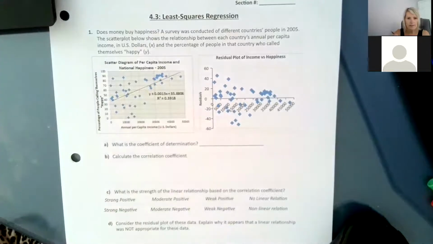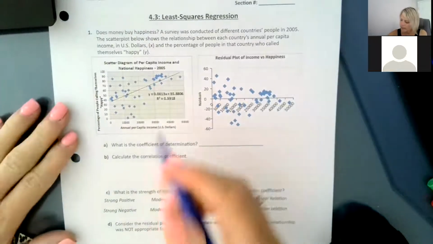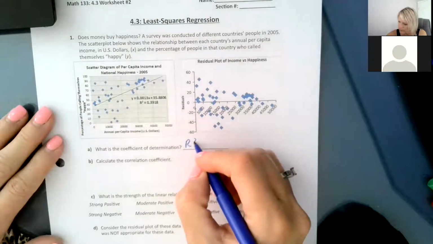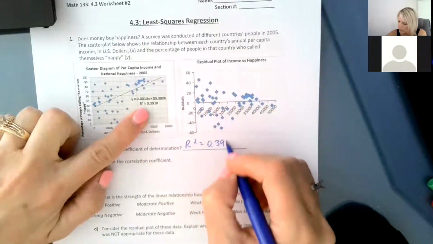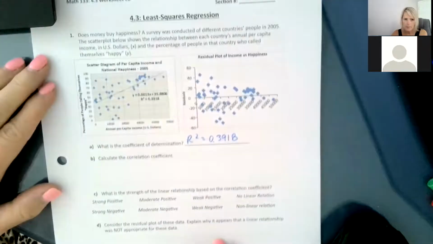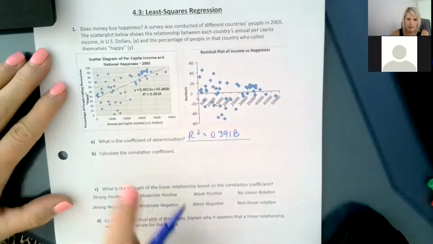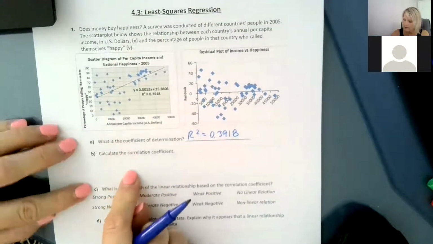It says, what is the coefficient of determination? That's the R squared, and that's right here, 0.3918. It says calculate the correlation coefficient.